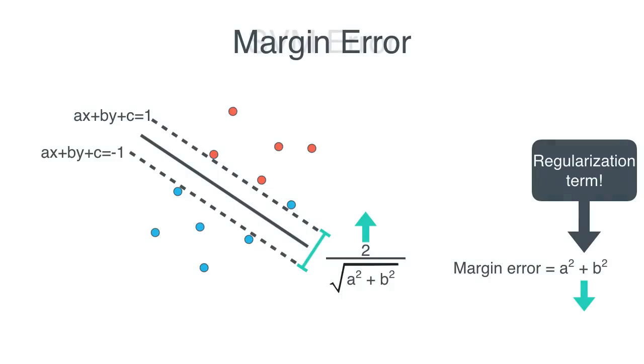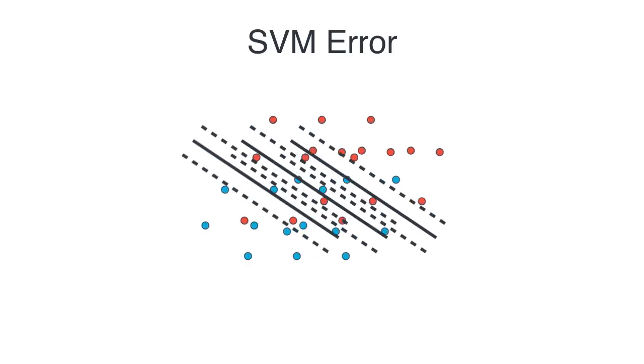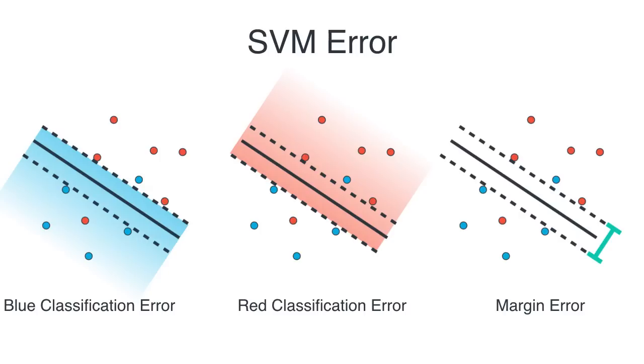So now we can summarize where the SVM error is. Here it is. We have our data set and our model, and the error basically splits in 3. First is the blue classification error, which measures all the red points that are on the blue side. Then we have the red classification error, which measures all the blue points that are on the red side. And then we have the margin error, which measures how far apart the lines are.